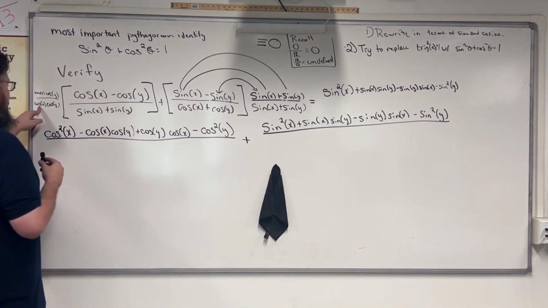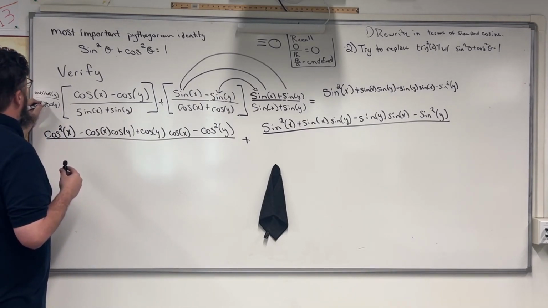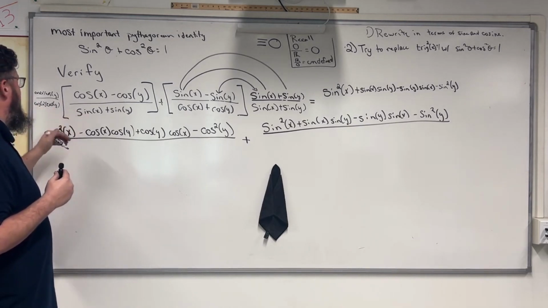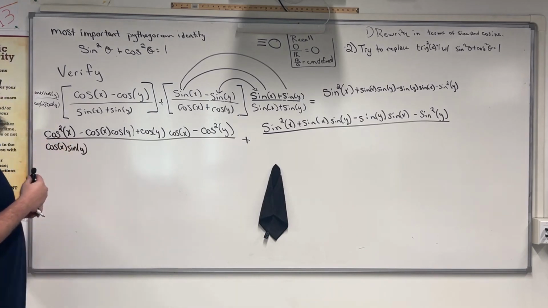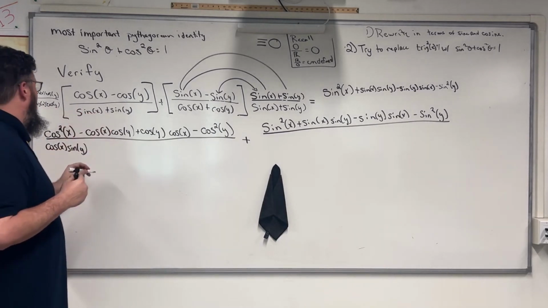Here I have cosine. I left my plus out. That's where I paused earlier, right? Here I have cosine x times sine x. They're not the same, so nothing changes power-wise. Then I have cosine x sine y.